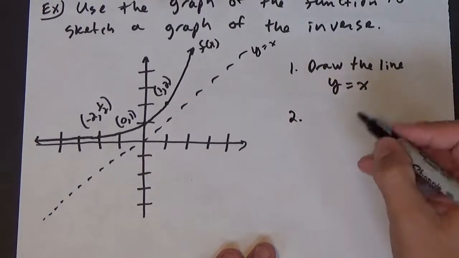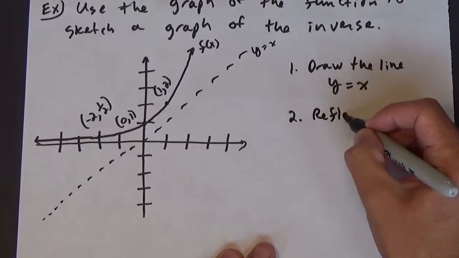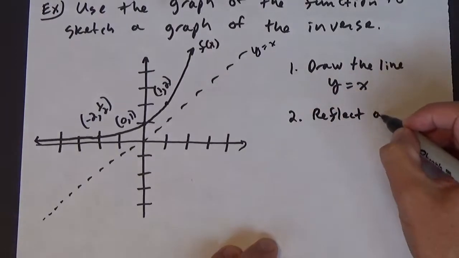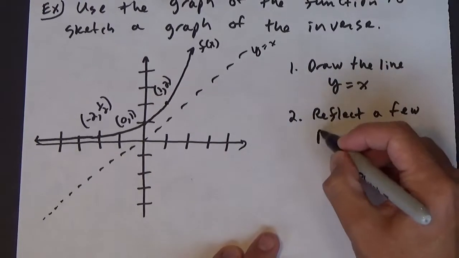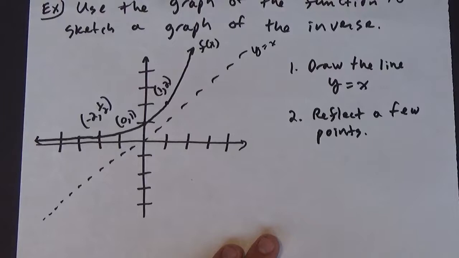And then step 2, we're going to reflect a few points. If you have thousands of data points, of course you'll reflect all of them. But in this case, we only have a couple of points, so we're just going to reflect those few.